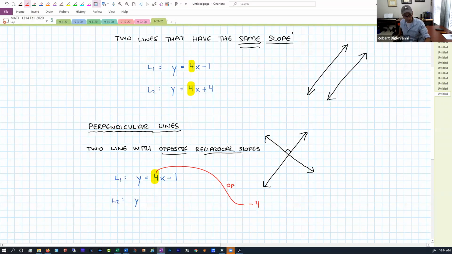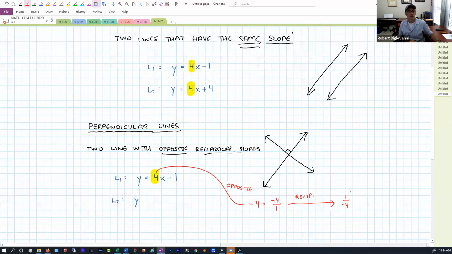Okay, so that's the opposite. But then we have to take the reciprocal of it. Reciprocal means flip the fraction over. So first we have to write it as a fraction, -4/1. And now we do the reciprocal. The reciprocal is 1/-4.